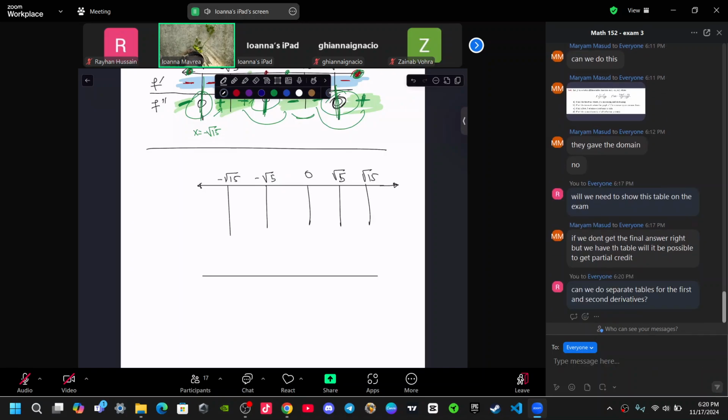So let's look at this interval: negative infinity to negative root 15. Look at this interval: negative square root 15, negative root 5. Look at the next interval: negative root of 5, comma, 0. So they might write it this way.